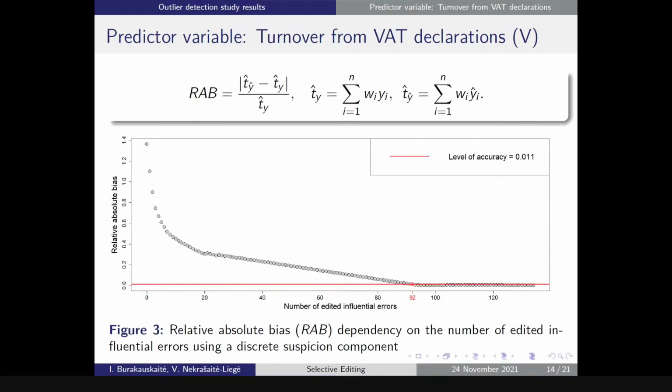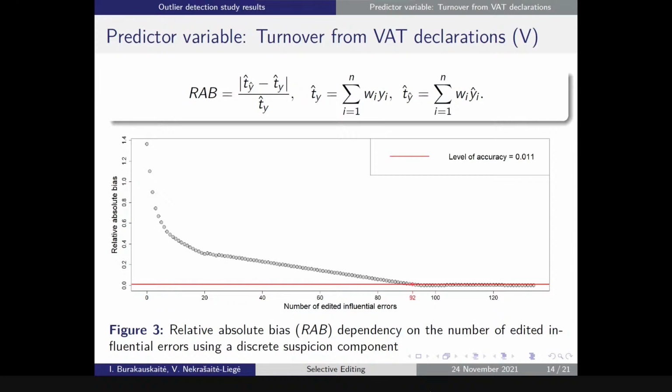Later on, these influential errors were edited one by one, and relative absolute bias was calculated after every edit. This graph shows a relative absolute bias dependency on the number of edited influential errors.